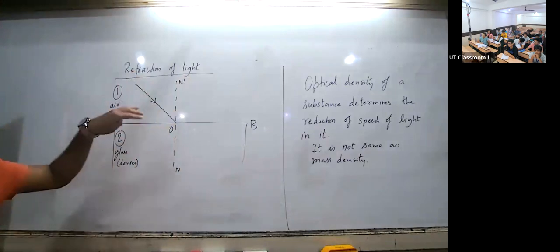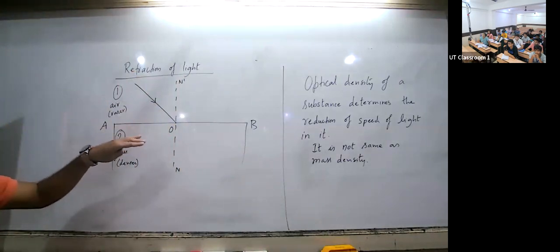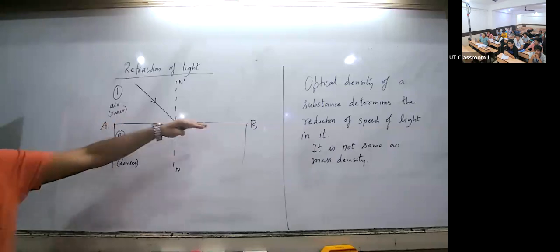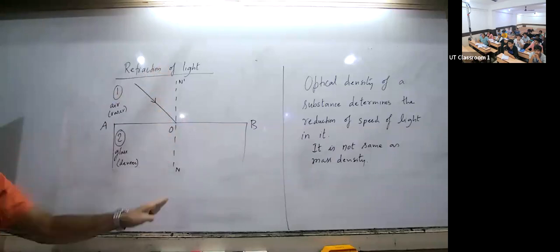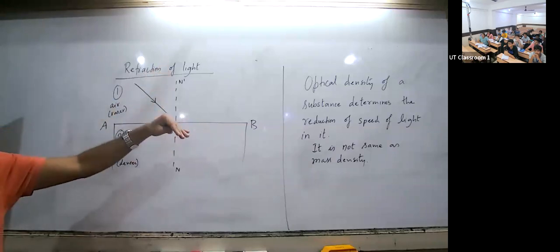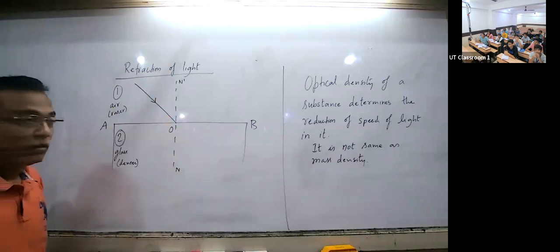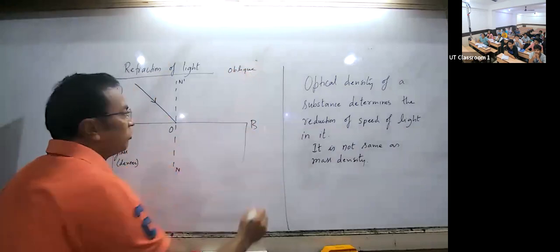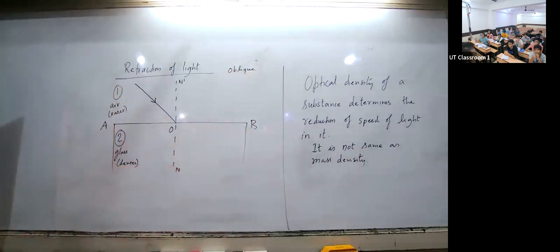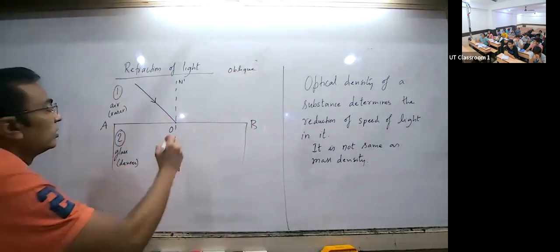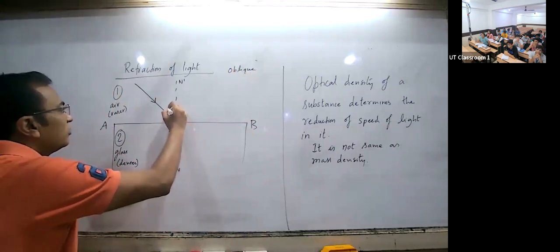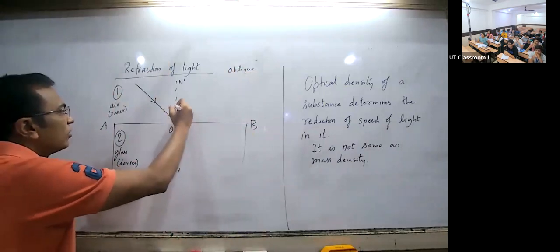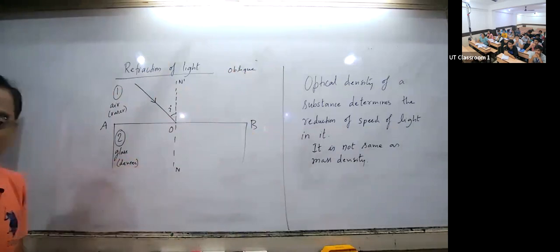Oblique, making an angle with the surface. It is not parallel to the surface, and it is not normal to the surface. When the light is incident on a surface obliquely, then whatever angle it makes with the normal is called the angle of incidence.